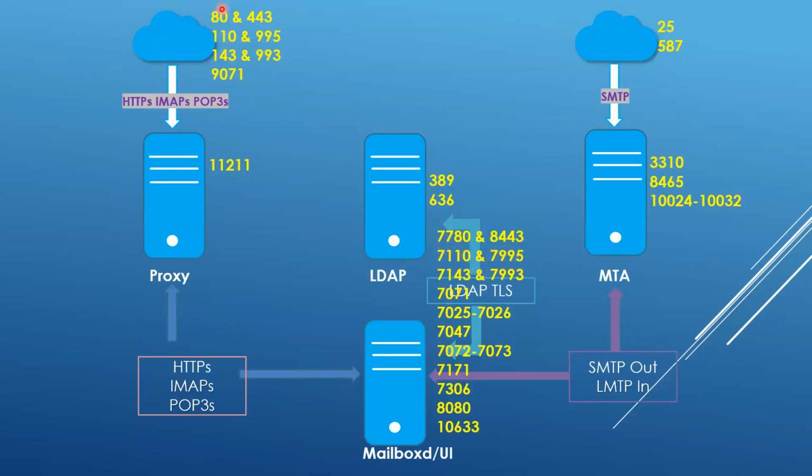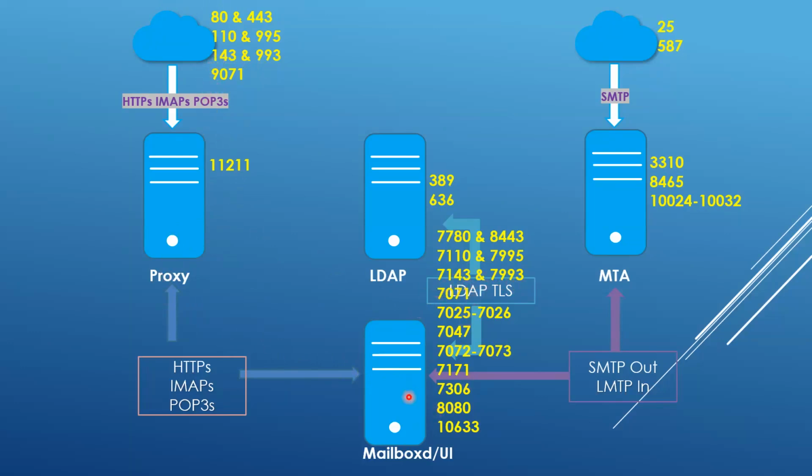The same way IMAP connections 143 and 993 will be NATed to the mailbox server over 7143 and 7993. Then when a user accesses the admin console, then proxy receives the request on 9071, but proxy communicates to the mailbox server over 7071.